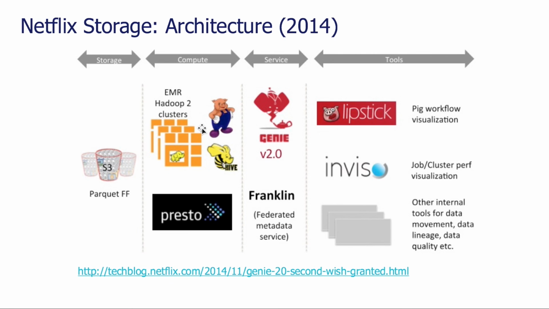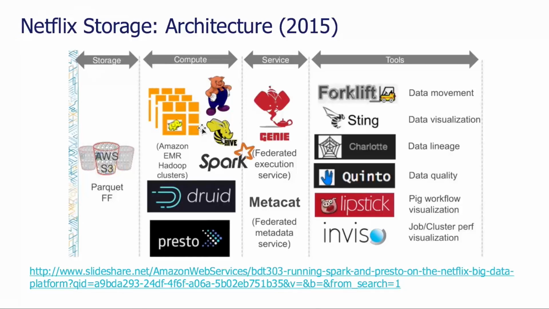And let's just scroll through the time and see what happens. In 2014, they added Presto, they added Genie, Franklin, and different tools, right? But the data still sits in S3, so there is no change here. And again, in 2015, they added even more different tools like Druid, like Spark, but data still remains in S3 storage.